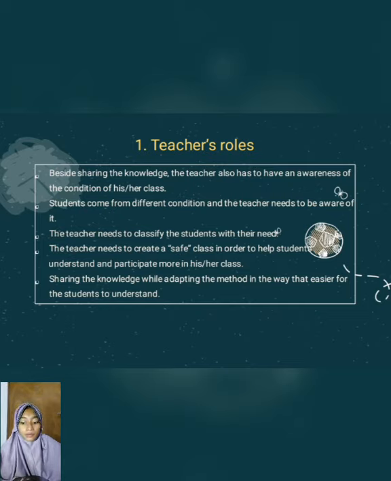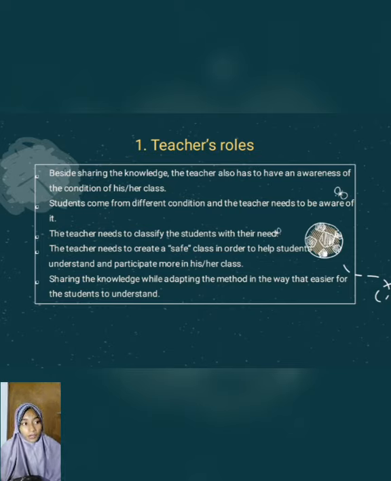For example, some of the students probably have low ability in gaining and understanding the material, and some of them probably have a high ability in gaining the information. So the teacher needs to classify the students depending on their ability and their needs.